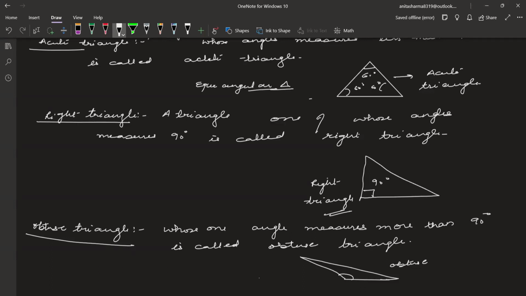If its two sides are given equal, then you can say that the right angle triangle is isosceles. Okay? Ma'am, can an obtuse triangle be isosceles? Yes, beta. Only the angle will be different.